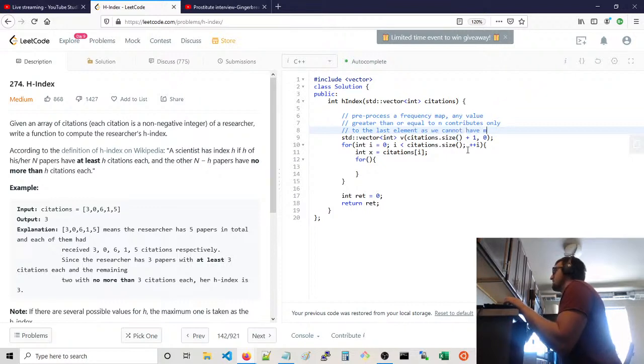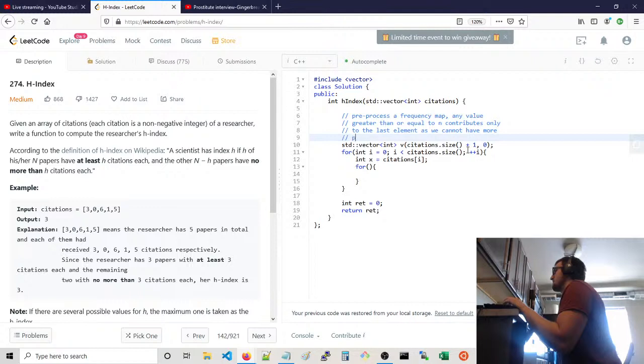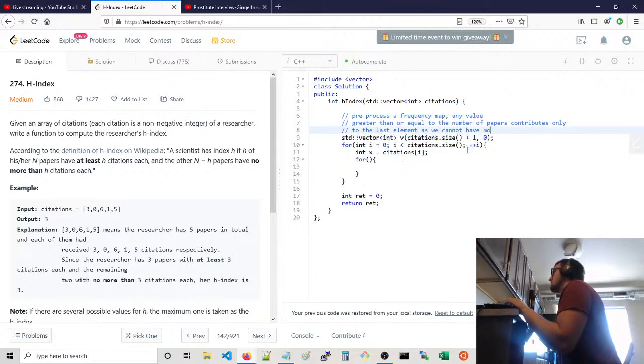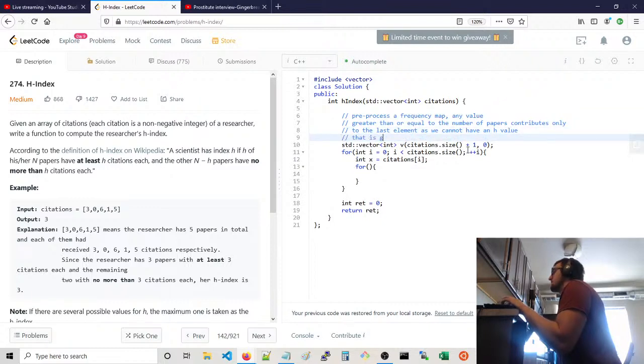You cannot have an H value greater than the number of papers.